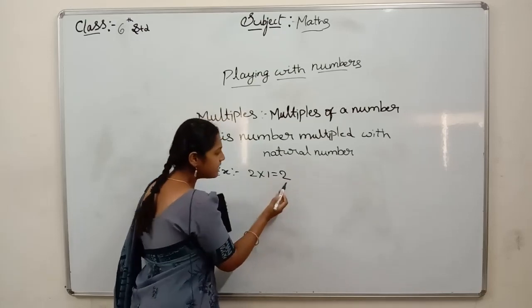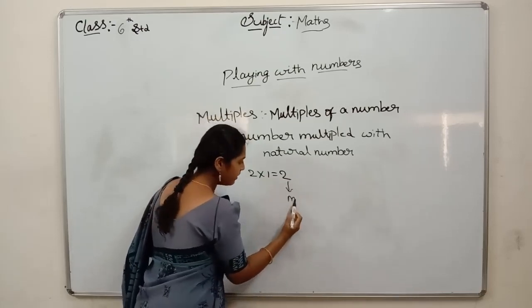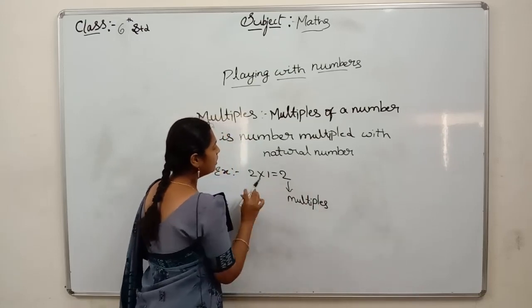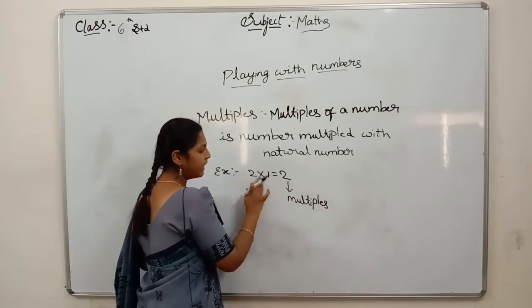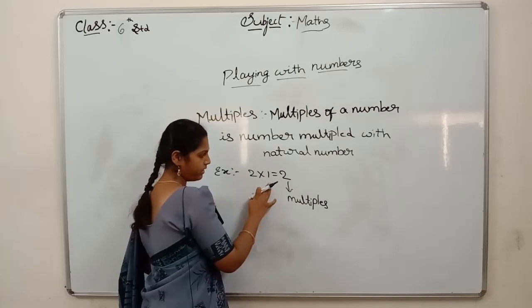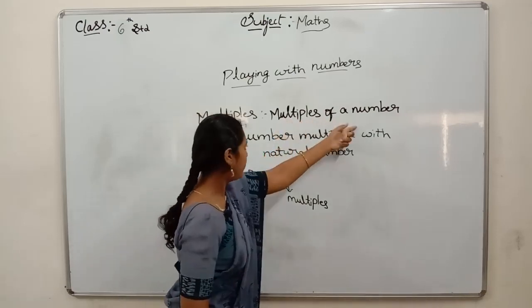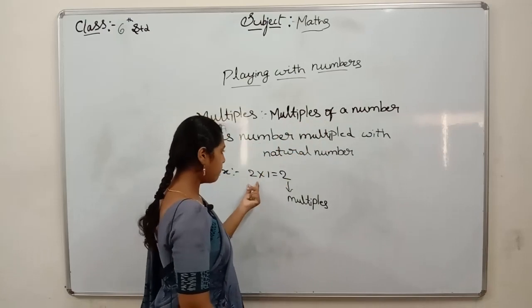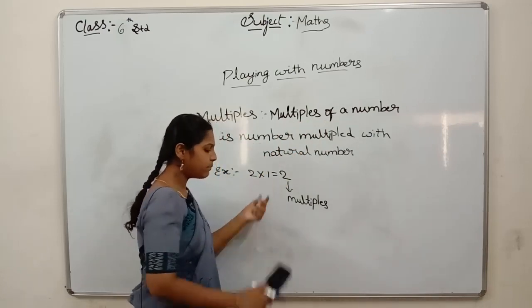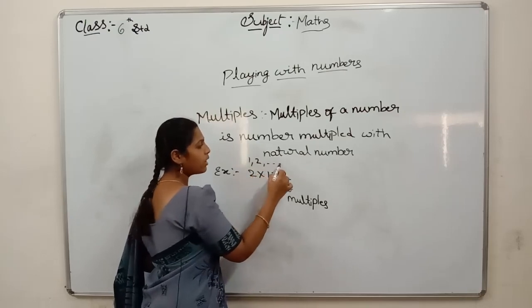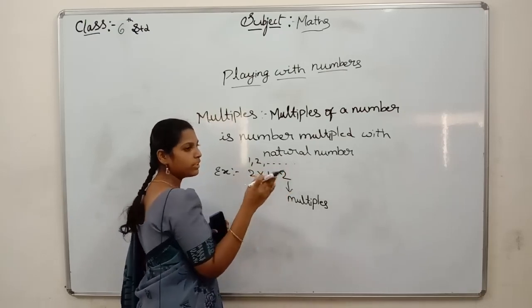See here, this is what? Multiple. If you multiply any two numbers, by definition, a multiple of a number is a number multiplied with natural numbers. Natural numbers means what? First starts from 1 and so on up to infinity. 1, 2, 3, 4.